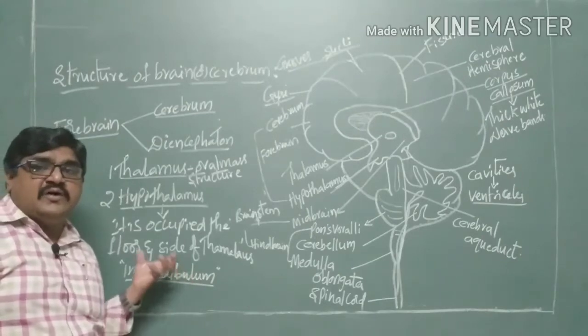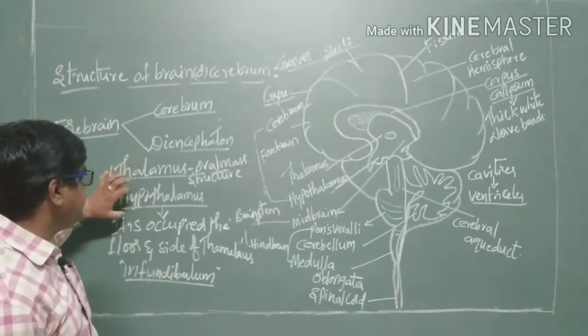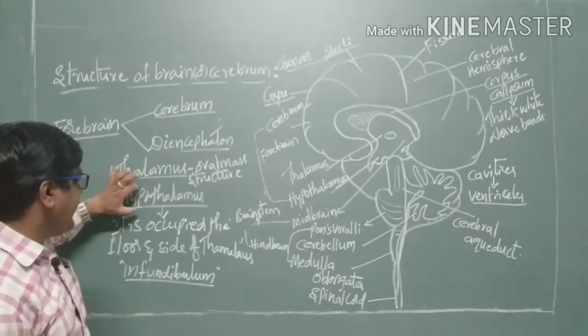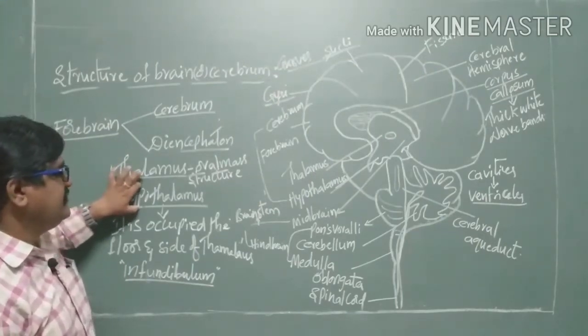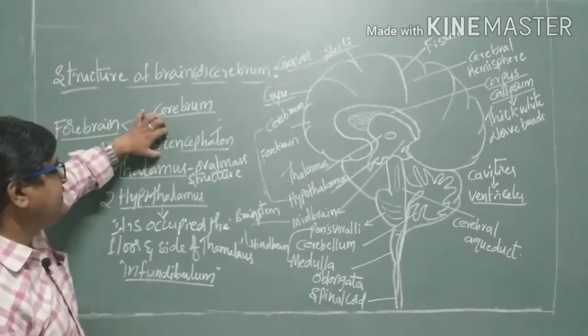So the structure below the thalamus is called the hypothalamus. These are the two structures present in the diencephalon.